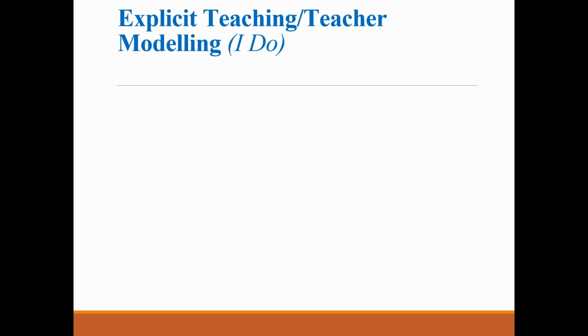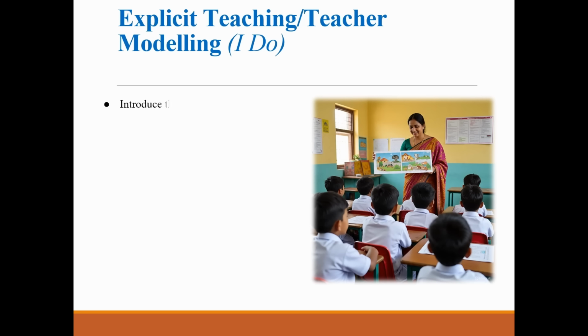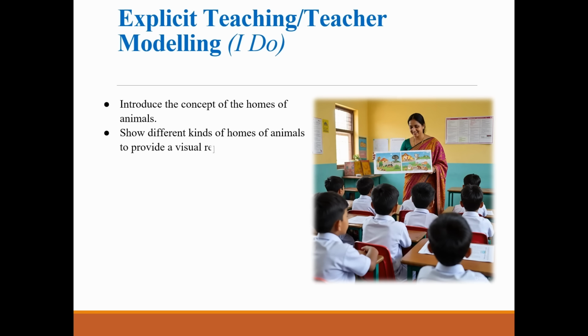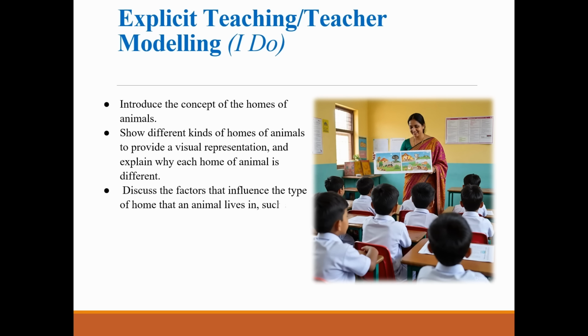Dear teachers, now we will go to the explicit teaching or teacher modeling, which comes under I do. Here it is. Introduce the concept of homes of animals. Show different kinds of homes of animals to provide a visual representation. It is very important.